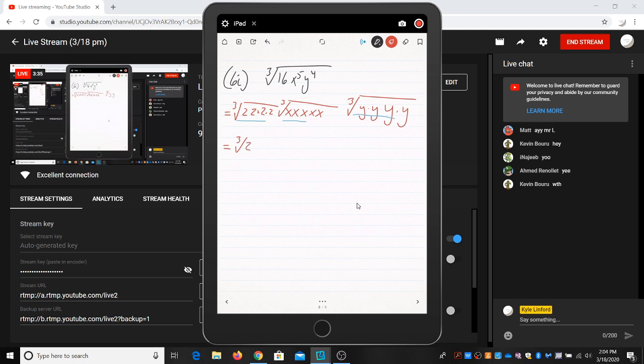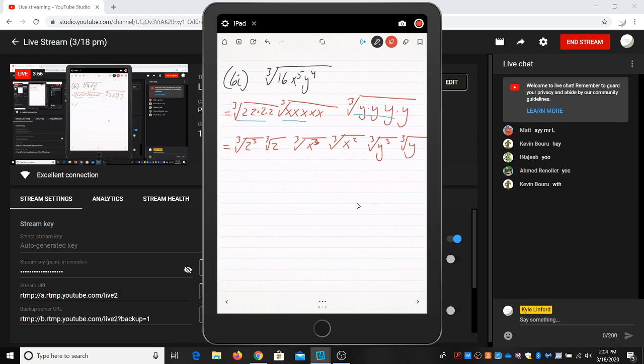Let's see, the cube root of 2 cubed, and we're left with just one 2 by itself. We can also take the cube root of x cubed with only 2 x's left to themselves. And then we can take the cube root of y cubed with just 1 y left to itself.